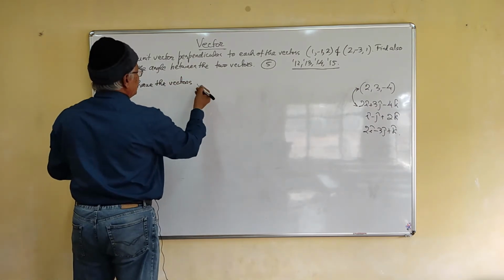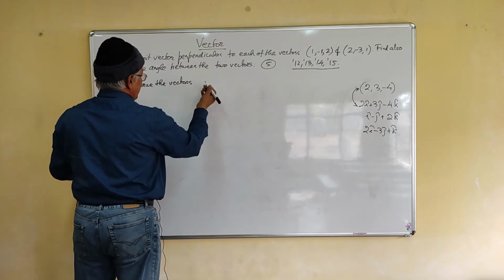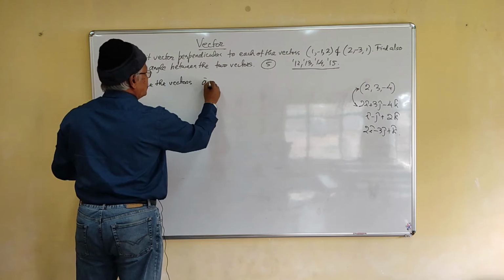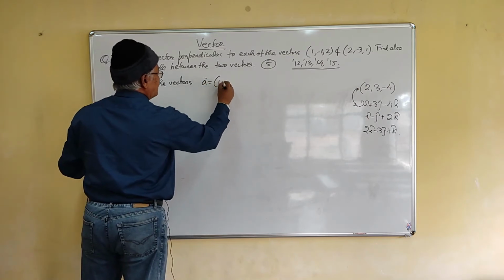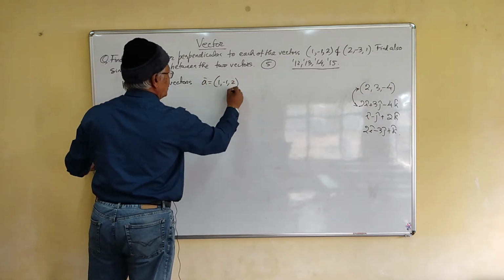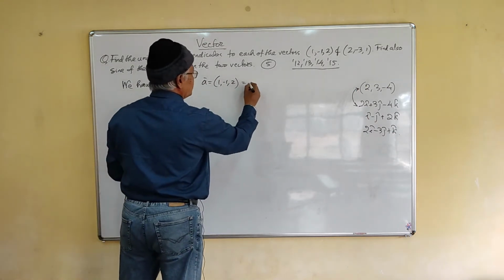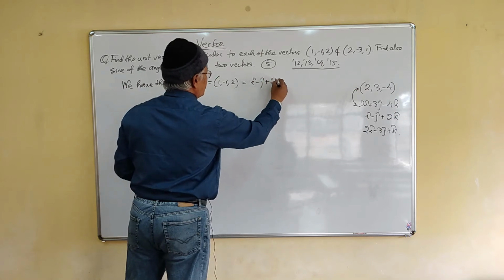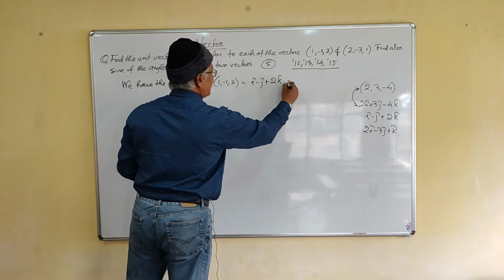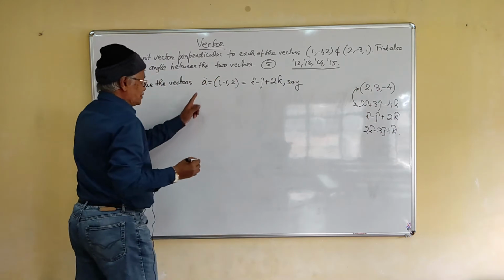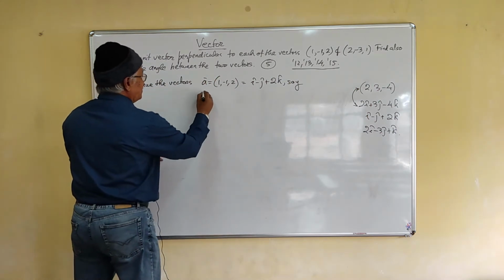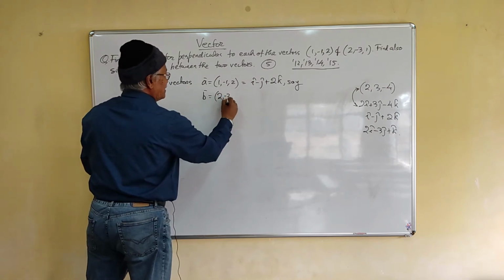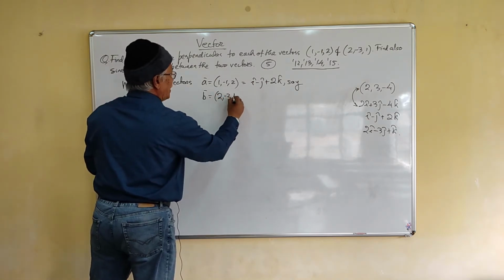Say vectors A equal to (1, minus 1, 2), that is equal to i minus j plus 2k, because this is our supposition, and B equal to the other vector, that is (2, minus 3, 1).